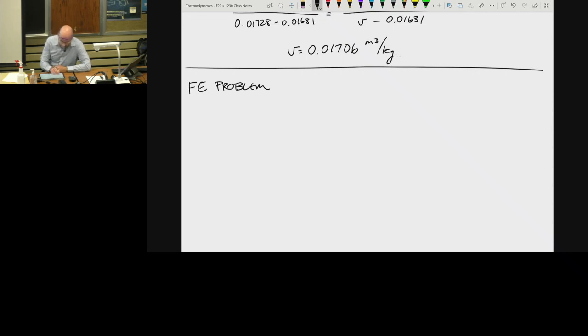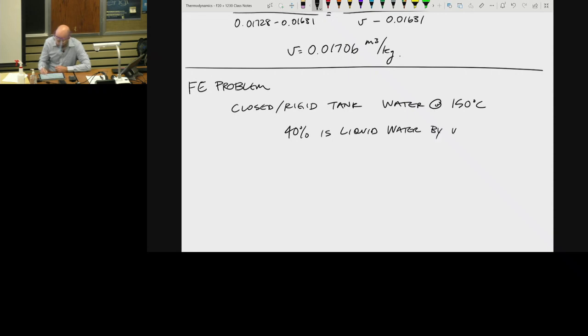So this FE problem says you have a closed, rigid tank. It has water in it, and it's at 150 degrees Celsius. And it says if 40% of the tank is liquid water by volume, and 60% is water vapor by volume.